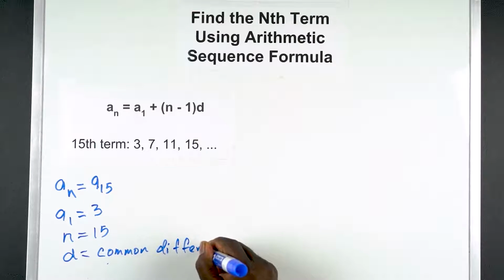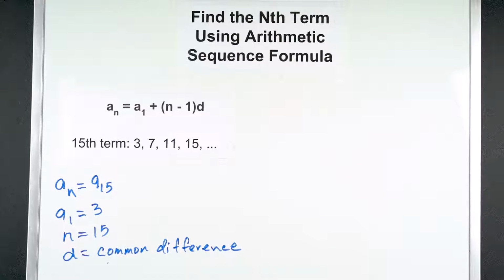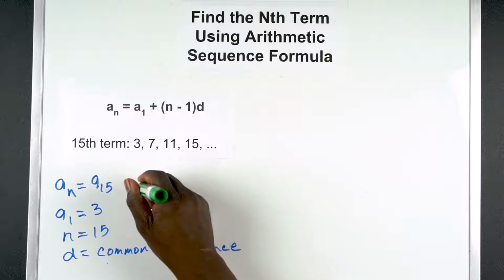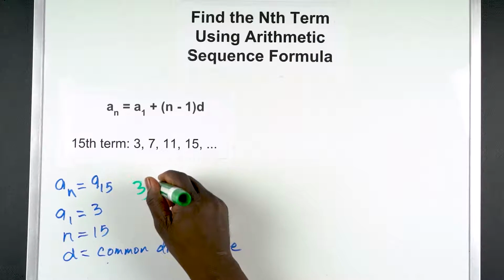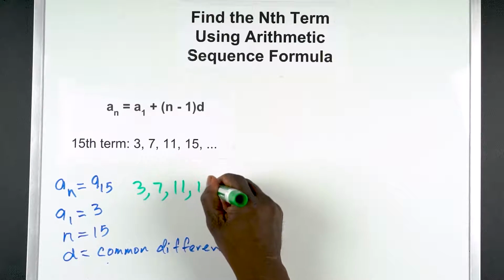Now, we're going to need to find the common difference in the sequence, and I'm going to show you how to do that. So I'm going to rewrite the sequence of numbers. Here we have 3, 7, 11, 15, and so on.